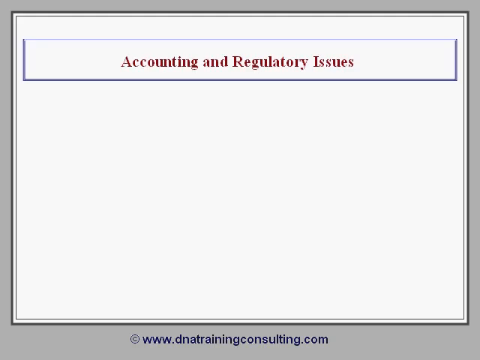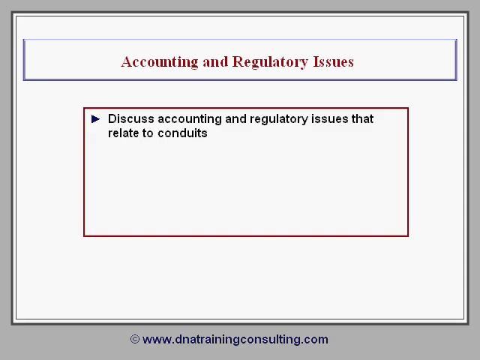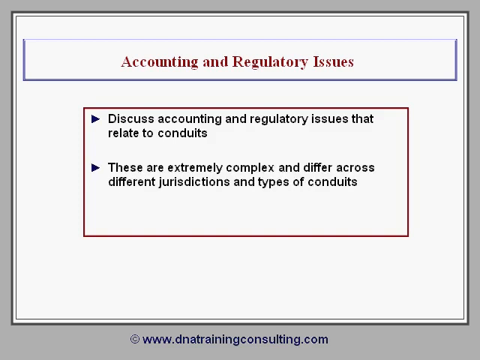These accounting and regulatory issues are, unfortunately, extremely complex, are subject to numerous differences across different jurisdictions, and are often undergoing significant changes, particularly in consequence of the recent financial meltdown, which therefore makes it almost impossible to review them in an exact manner.